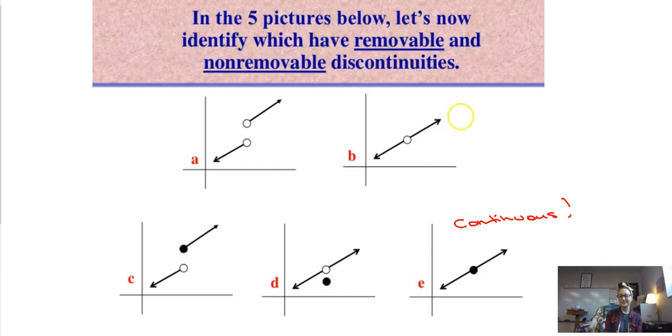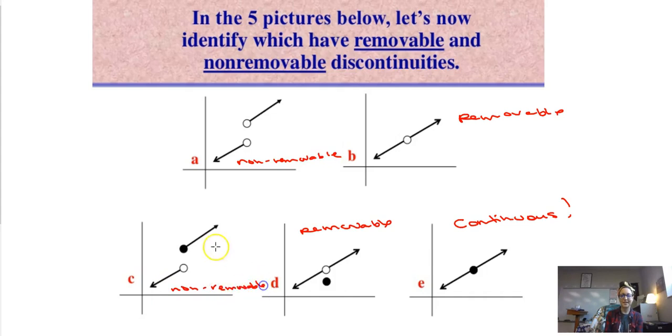It will be B, because I can patch that 1 point up, right, to make it continuous, and it will also be D. Again, I can slide this point up, and now it would be nice and continuous, okay? Now, anywhere you have a jump, this is called non-removable. So let's go ahead and classify those in your notes, label those.